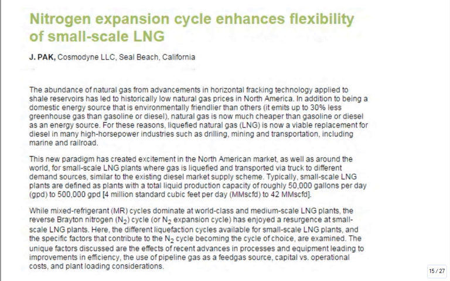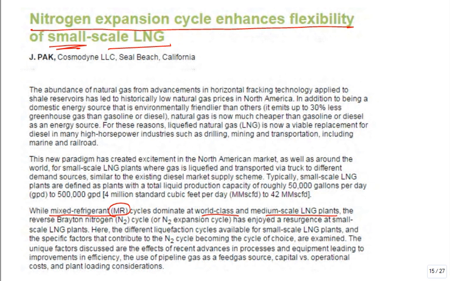Now, nitrogen expansion cycle enhances the flexibility of small-scale LNG. How do they take natural gas and liquefy it? How do they get it so cold? That's a refrigeration problem, isn't it? Okay, while mixed refrigerant, MR, cycles dominate the world-class and medium-scale LNG plants, so if you're building one big and it's by the coast, that's the style you're going to use.